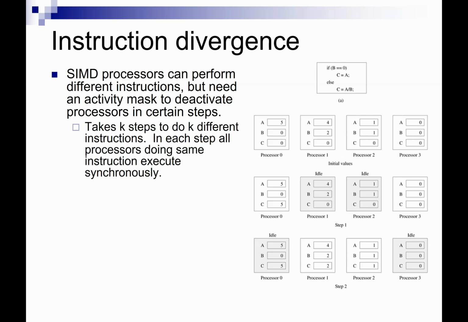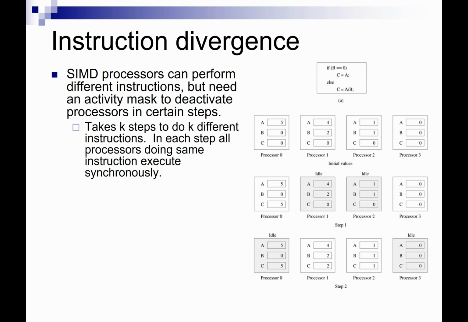In this example, we have, let's say, 4 processors, and each of them is looking at a value b. If it's 0, then the processor is going to do one thing, and otherwise it'll do a different instruction. So for the 4 processors, the first processor and the 4th processor are going to satisfy the b equals 0 condition.